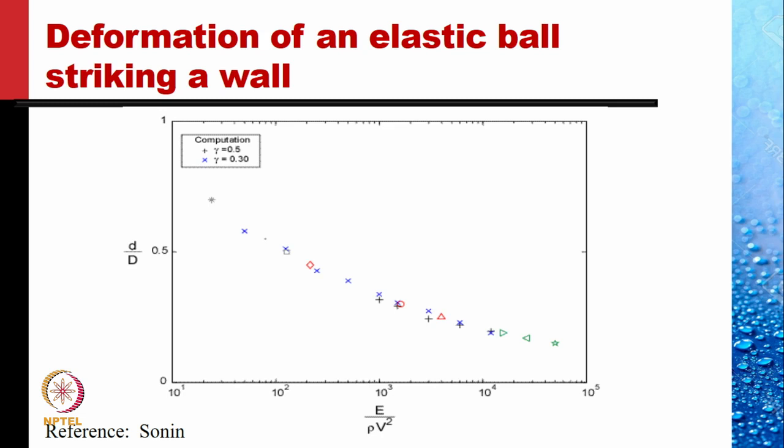And this confirms that the analysis that we did is all right. With this single curve, we can predict the imprint diameter for any future experiment with whatever material, whatever size, and whatever velocity we impact a ball with. The imprint diameter can be predicted.